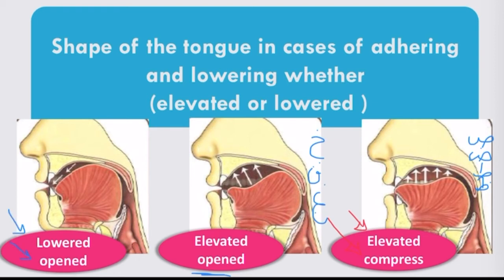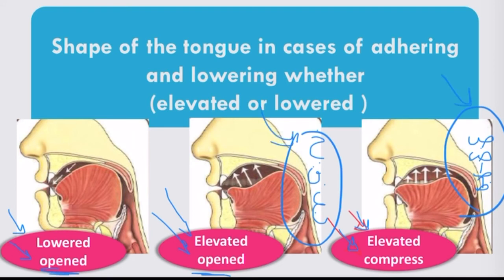So lowered means light, no sound elevation, and opened means no sound compression. Any Arabic letter can be just under one of these categories: elevated and compressed, these letters only; elevated and opened, these letters only, خاء and غين and قاف; and lowered and opened, the rest of the Arabic letters except this group and that group.